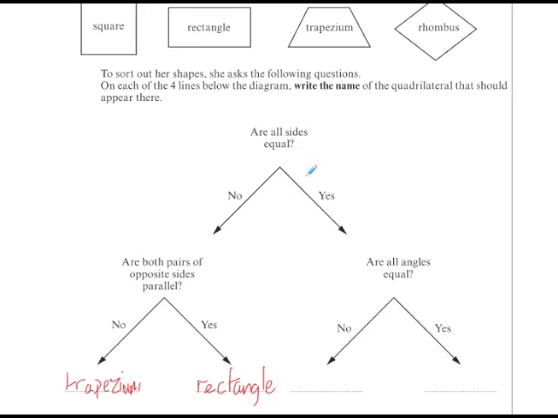So we've already said, are all sides equal? That applies to both the square and the rhombus. Are all angles equal? Well, we know in a square that all of these angles are 90 degrees. So we can write square here straight away.